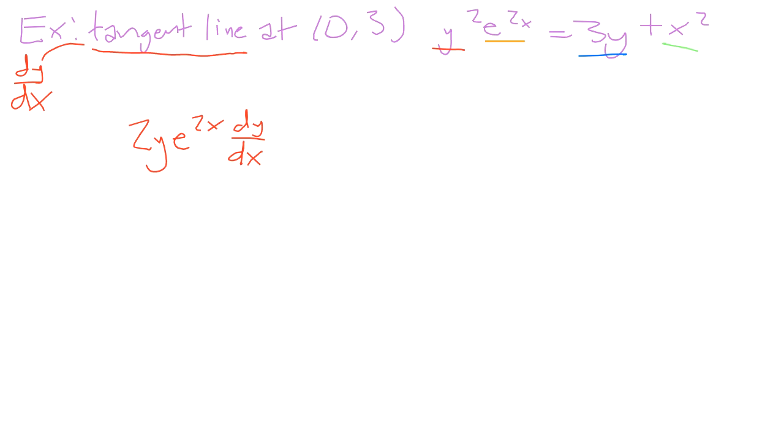And since we're doing product rule, it's going to be plus, and now we derive in terms of our e to the 2x. That's going to be our chain rule, so our y squared stays the same, e to the 2x stays the same, and then the derivative of our 2x, which is our inner function, is just going to be 2, so we can pull that out in front as a coefficient.